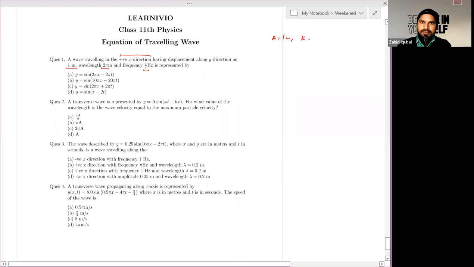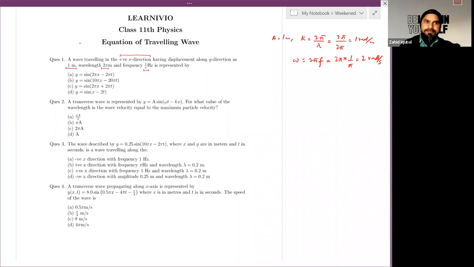For wavelength, you may find k, which is equal to 2 pi by lambda. Wavelength in this part we have 2 pi, so 2 pi will cancel out, so you'll get 1 radian per meter. Omega is equal to 2 pi f, and f we have in this part is 1 by pi, so it will be 2 pi multiplied by 1 by pi, that is 2 radian per second.